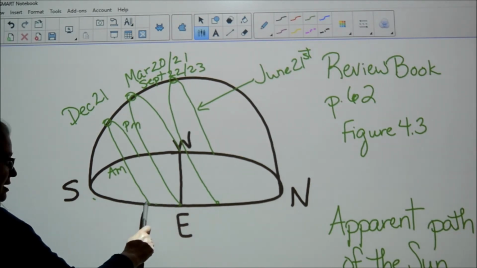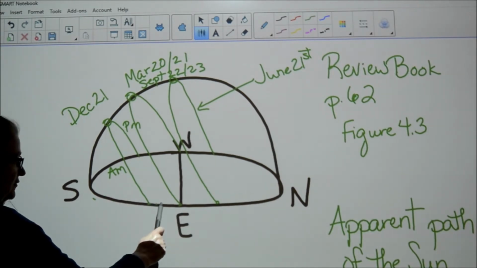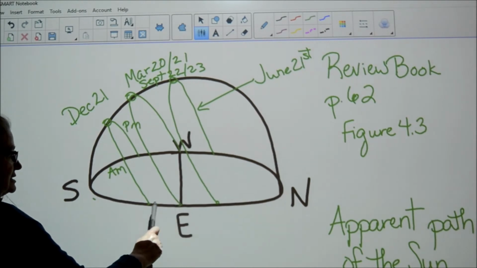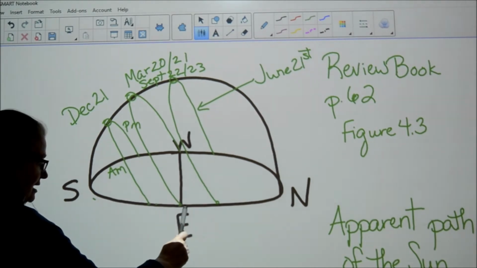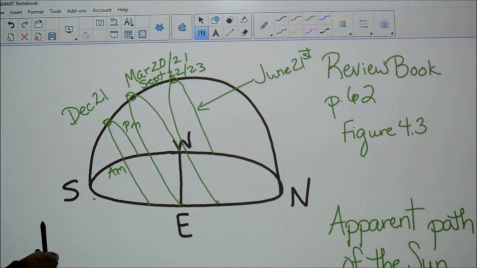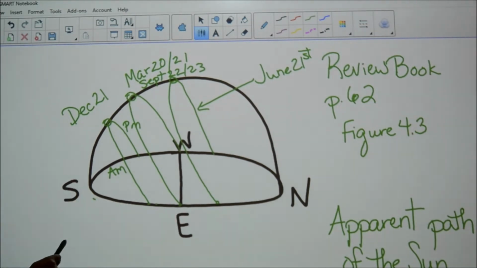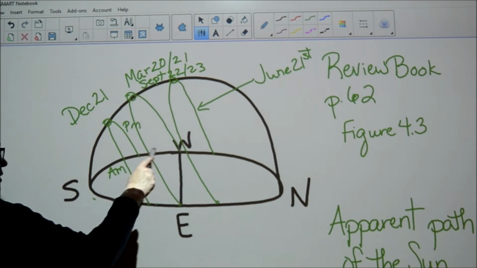All this time, then I'm coming back. December, end of December, January, February, March, until I get to the vernal equinox. That whole time, the sun is rising south of east, and it is setting south of west.